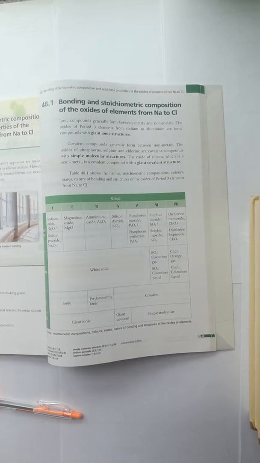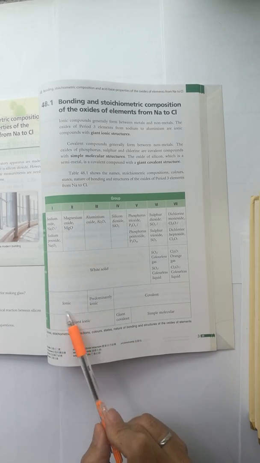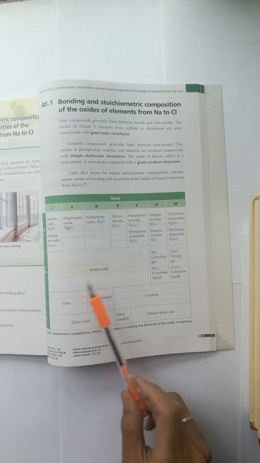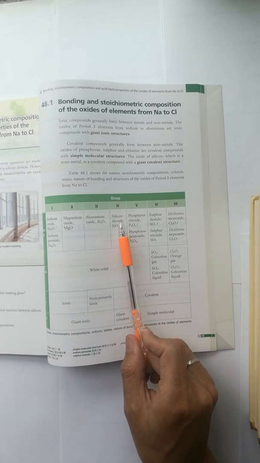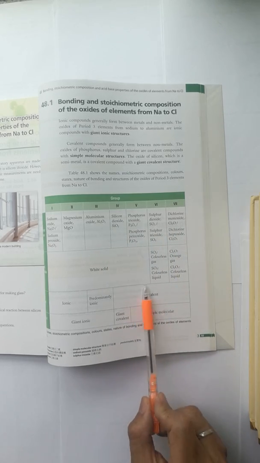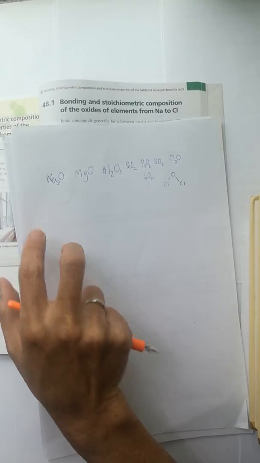After knowing this, you can see that sodium oxide and magnesium oxide are ionic, and from Si to Cl, their oxides are covalent. How about the aluminium oxide?